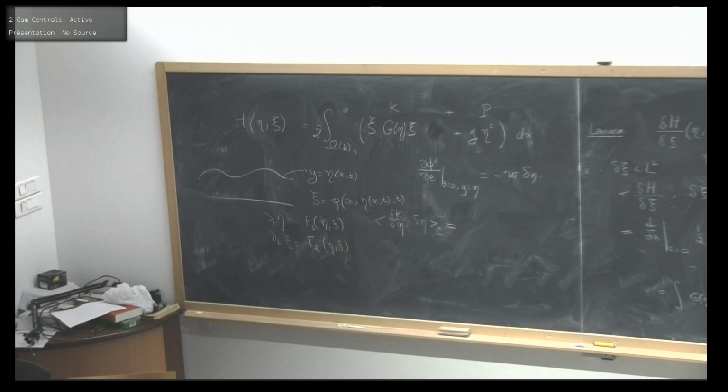So 0, and I have epsilon in two places. I differentiate here and here. So I have two terms. This one is exactly d phi d epsilon, but taken at the point x, eta, epsilon equals 0.